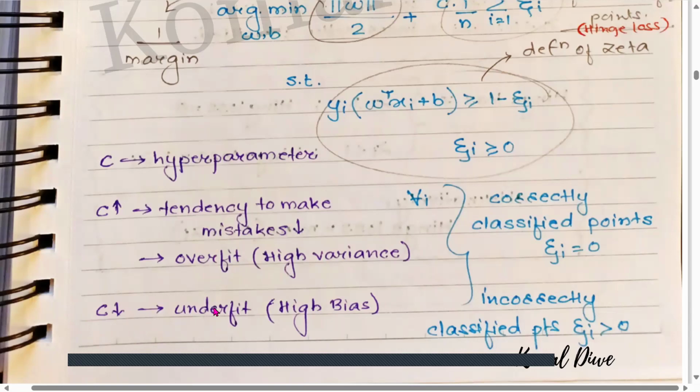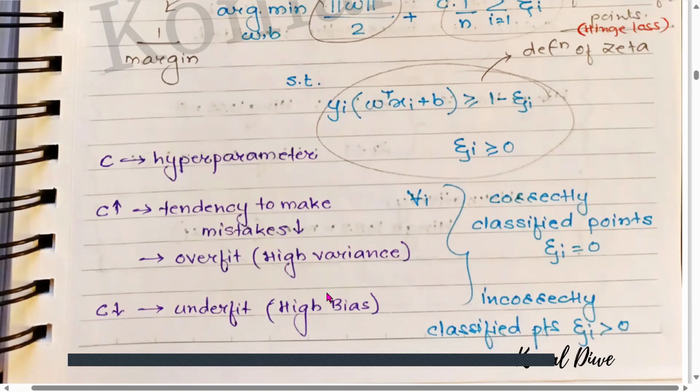Or if C reduces, it means underfit. Underfitting means high bias. How can you remember this analogy to avoid confusion in the interview?